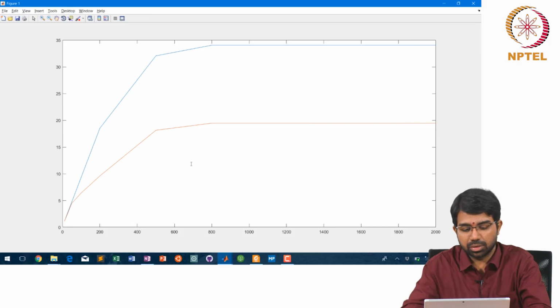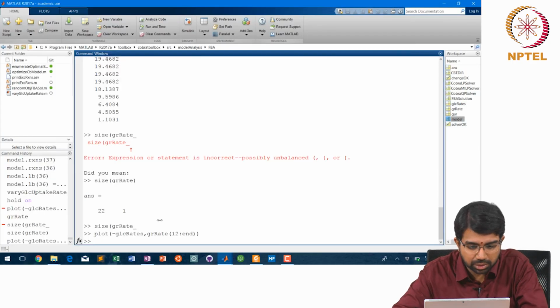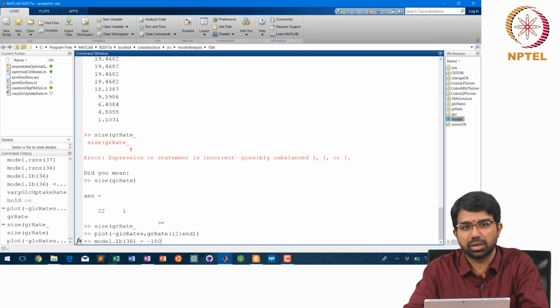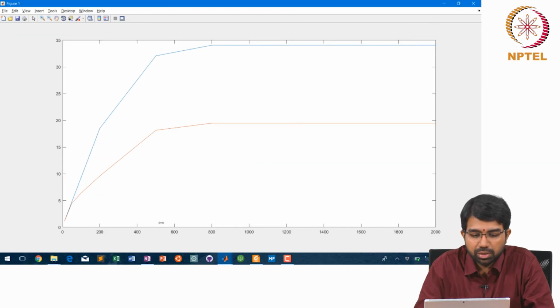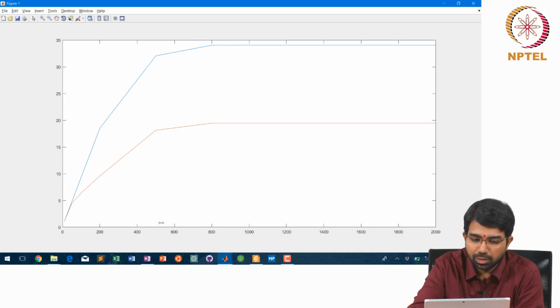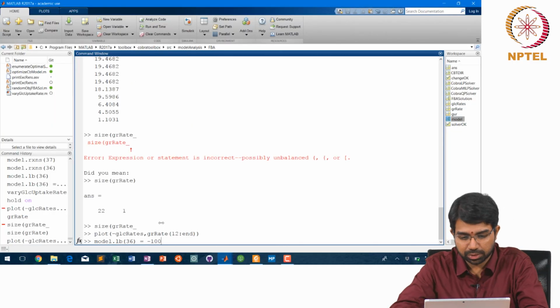I made oxygen minus 100. I reduced it by 10-fold. Oxygen was minus 1000 initially, glucose was minus 10, and I am sampling glucose at all these points.